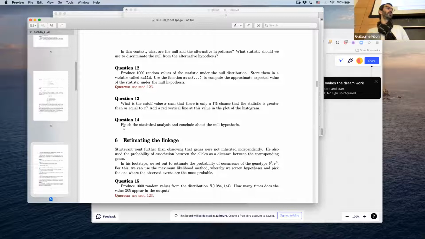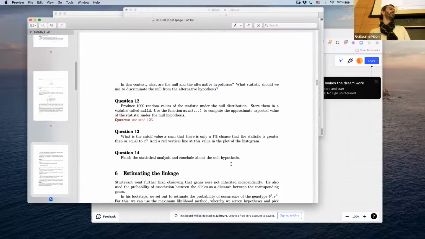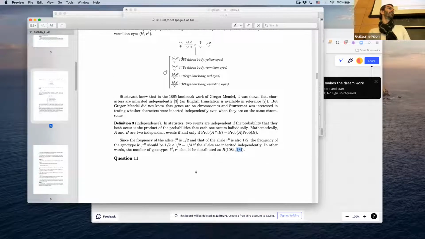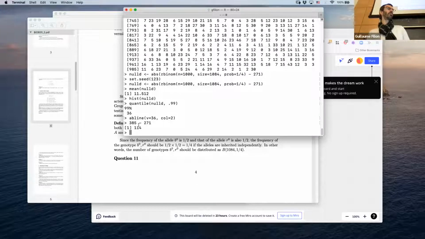Finish the statistical analysis and conclude about the null hypothesis. So what's the final step after we've done the 5 steps? How do we finish? We count 385 minus 271, and we got 114.